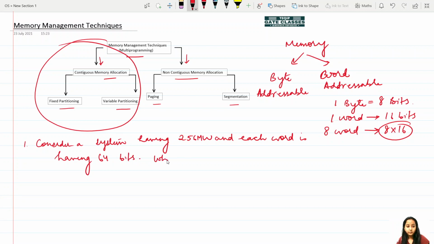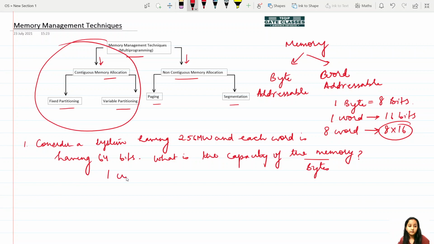What is the capacity of the memory? You have to find out the capacity of the memory, and that capacity should be in bytes. Let's see, one word, we know, how many bits? 64 bits, it is given. And if I have to calculate 256 M words, what will it be?